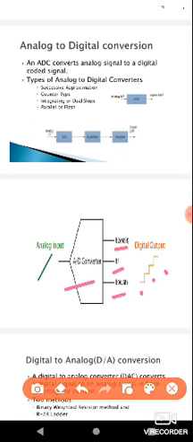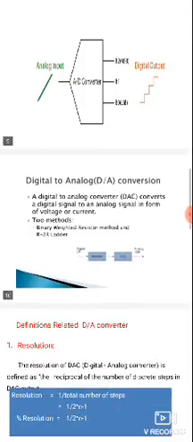The analog input is continuous with time. The analog input is given to the A to D converter, then it is converted into digital. The output of the A to D converter is the digital value. B0 is the LSB, which stands for least significant bit, and MSB stands for most significant bit. So it has least and most significant bits.